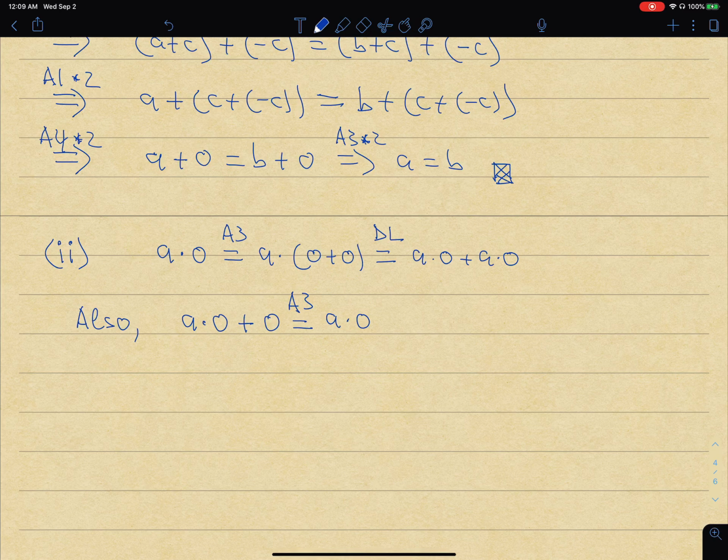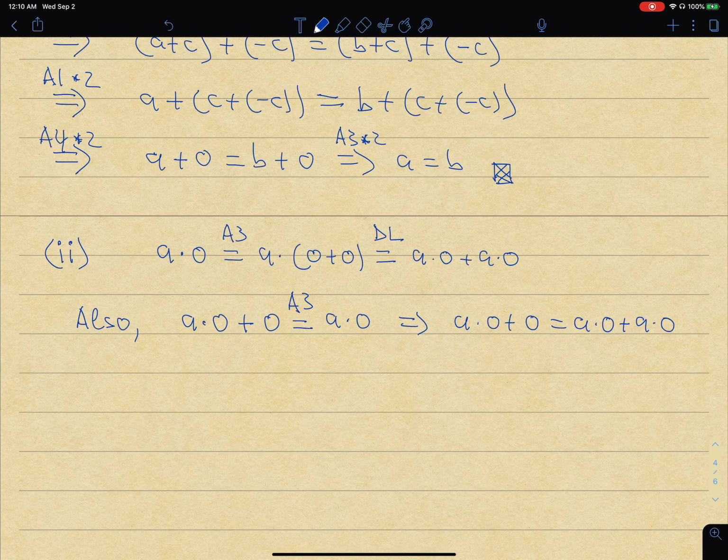Okay, so this guy must be equal to that, and the same guy must be equal to this. So therefore, we can conclude from this that A times 0 plus 0 is the same thing as A times 0 plus A times 0, right?